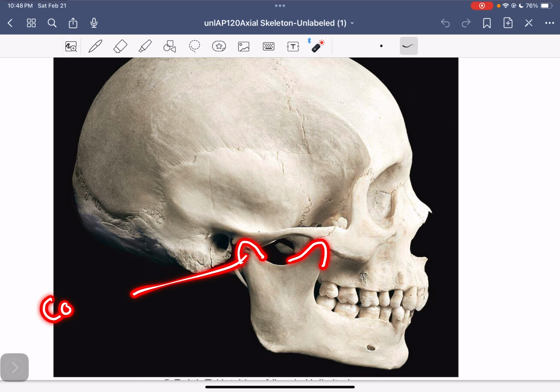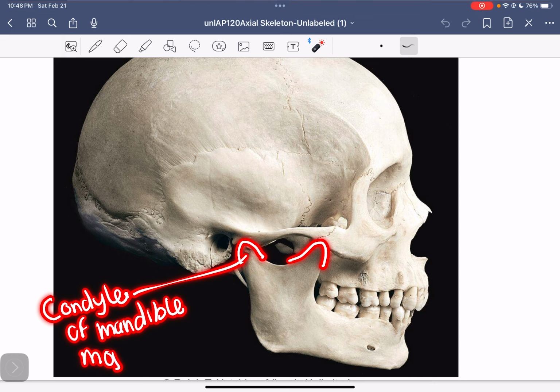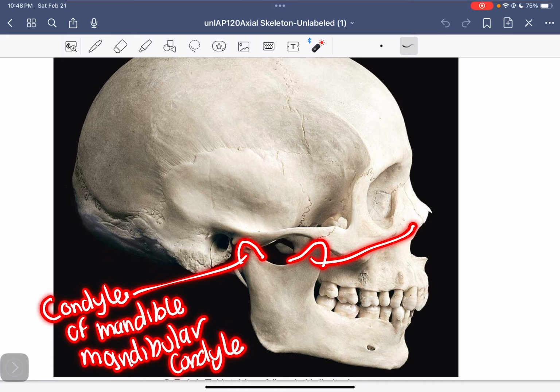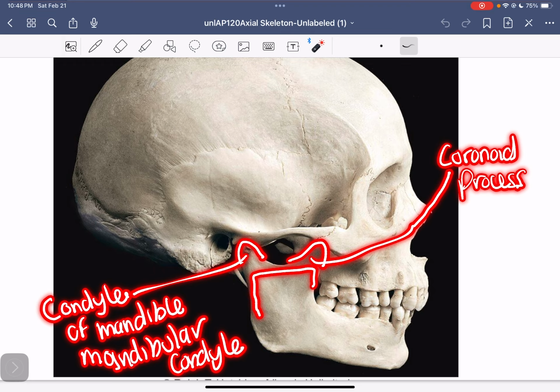This is your condyle of mandible, or you can also say mandibular condyle. The anterior one would be the coronoid process.